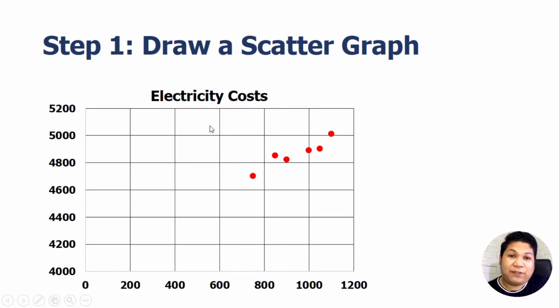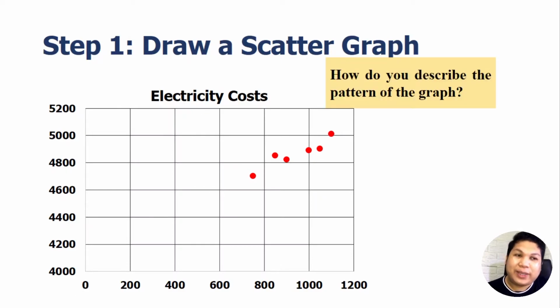The next step after drawing a scatter graph is to describe the pattern of the graph. It's actually going to the upper right. Hence, in mathematics, we can describe this as a directly proportional relationship, because when x is at 700 or more, below 800, the cost is around 4,700.